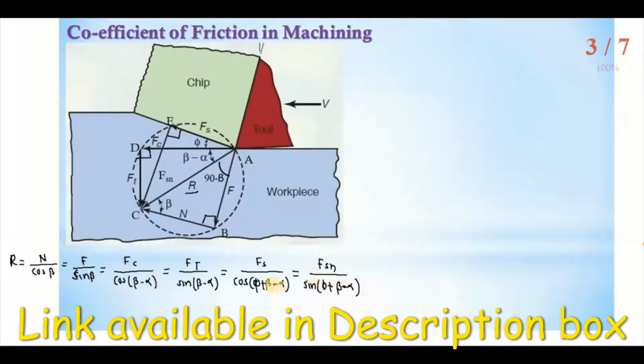By using these relations, we are going to find the coefficient of friction, which is denoted as mu.